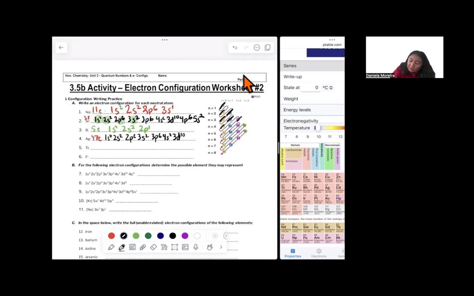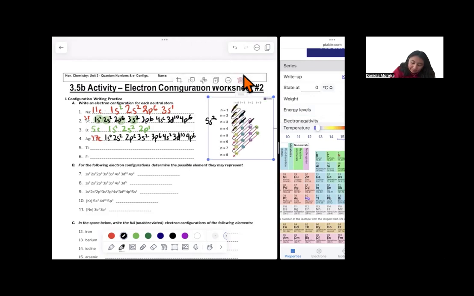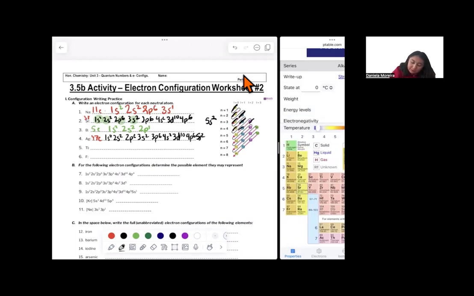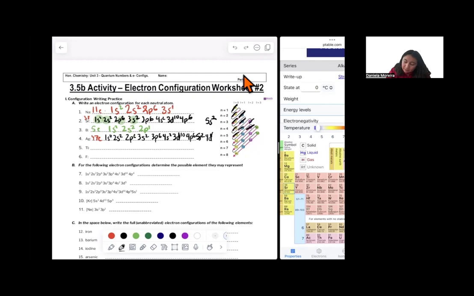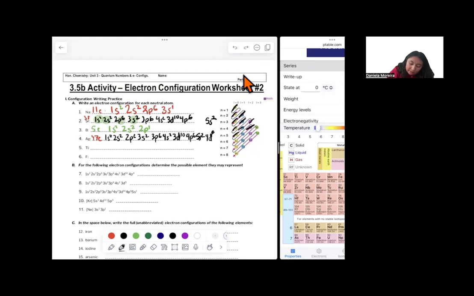Now at this point, I should have gotten up to zinc because that's where the D block is. 4p6, we get all the way to krypton. 5s2, that's strontium, where we were just at. 4d10, that's too many electrons. We need 4d9.